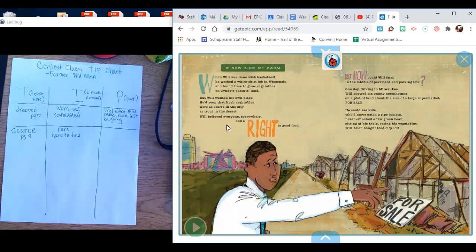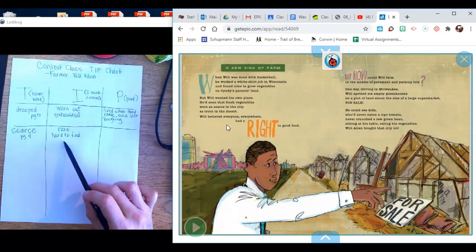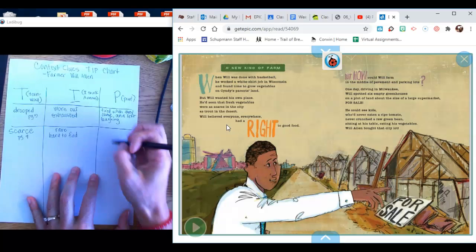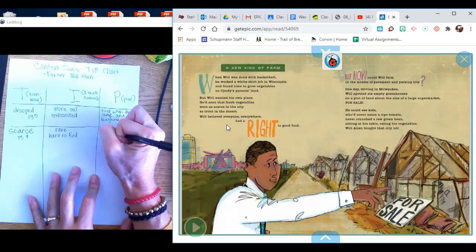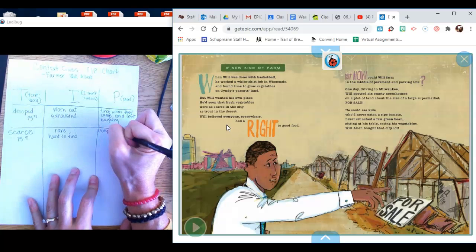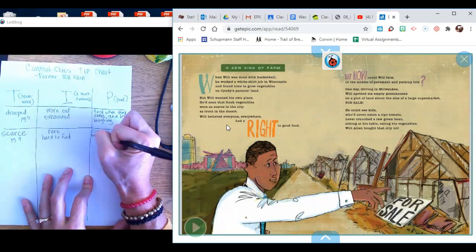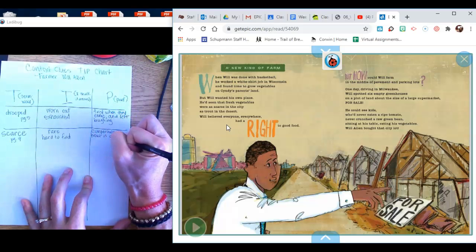We know that fish need water, but there's no water in the desert. So we used that context clue to prove our thinking over here that scarce means rare or hard to find. So I'm going to write in my proof the comparison to trout in a desert.